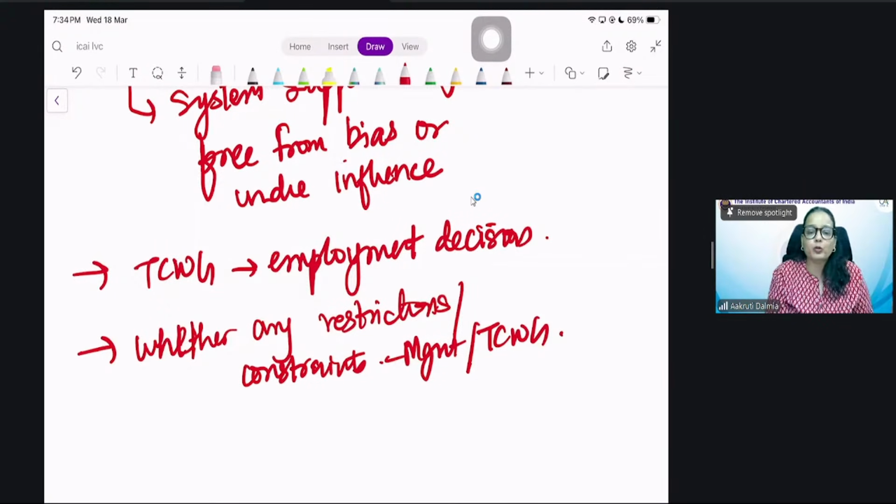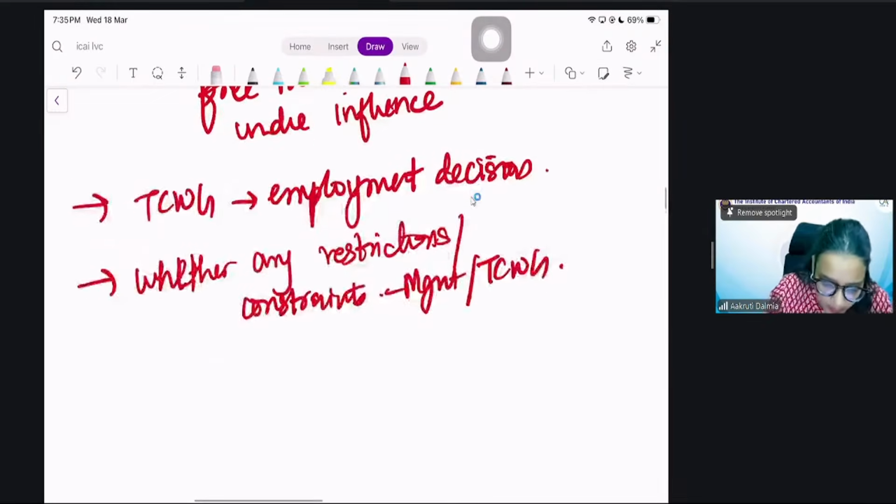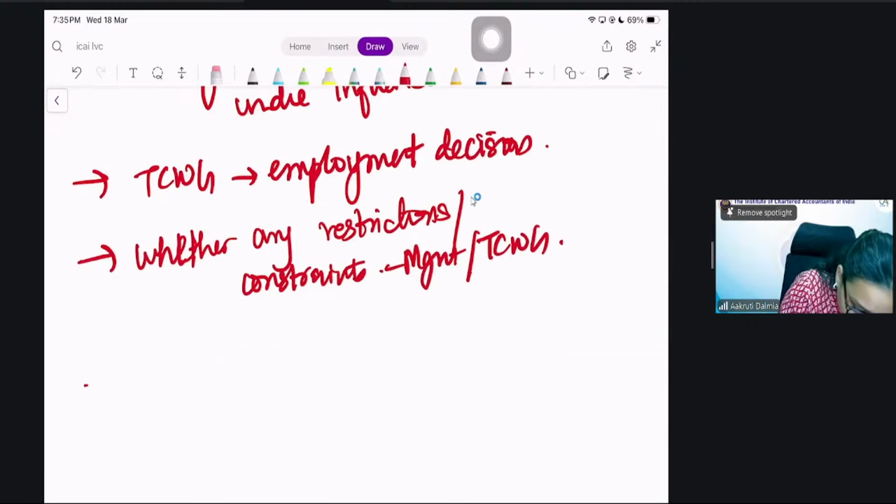Do you think that Nikunj is independent? Can you then have any trust in Nikunj's reports? If the management tells you, no, you cannot meet Mr. Nikunj, or there are restrictions by management on who Nikunj can talk to, that will reduce the objectivity of the internal audit function.